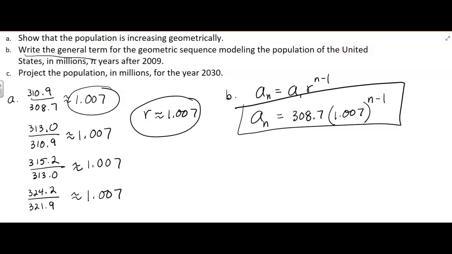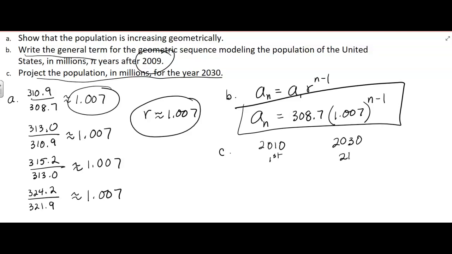Okay, now they want us to project part C. They want us to project the population in millions for the year 2030. Okay, so our years were after 2009. So 2010, oops, that would be the first term. And then what's 2030 going to be?